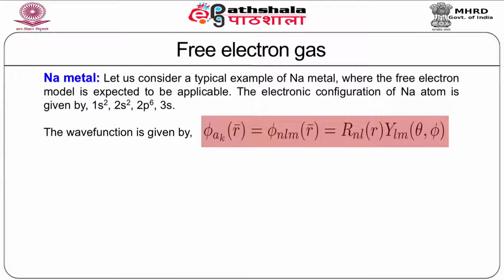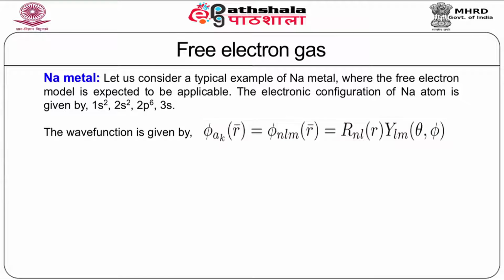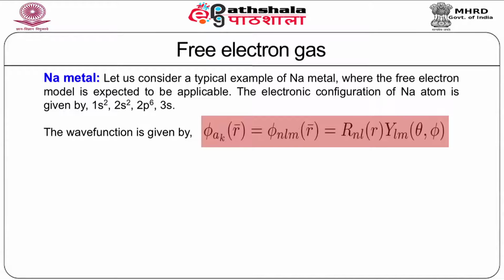Since it's an atom, let's start with phi, which is given by the quantum numbers n, l, m. It has a radial part R_nl, which depends only on the radial coordinate, times the spherical harmonics Y_lm.